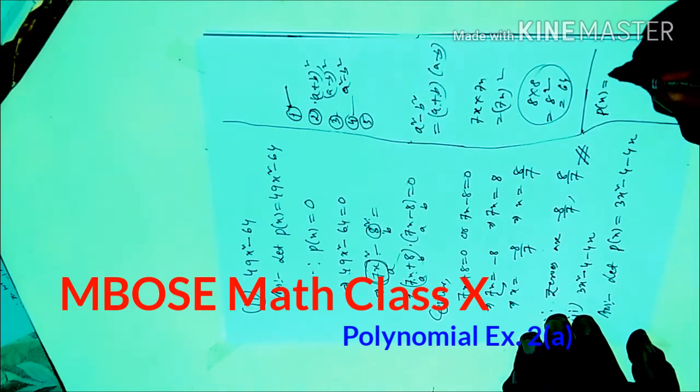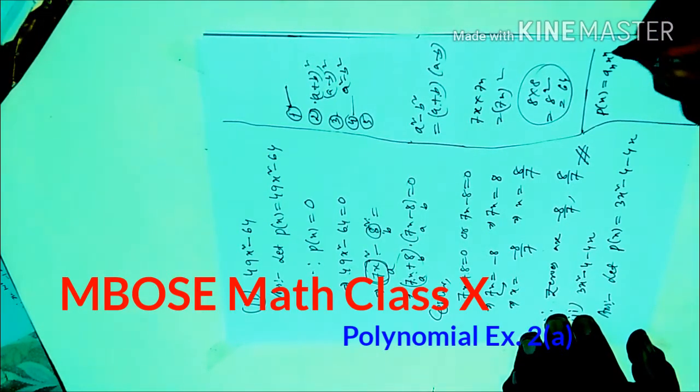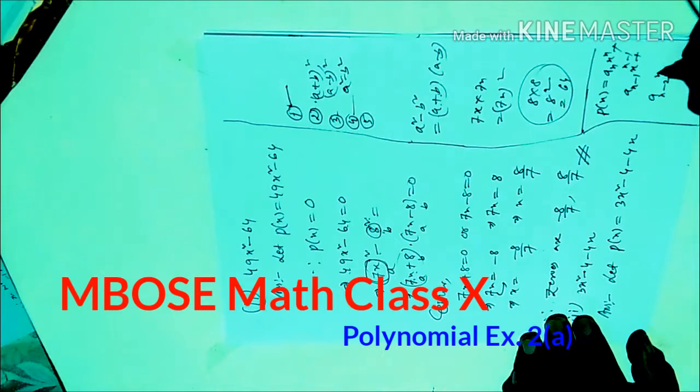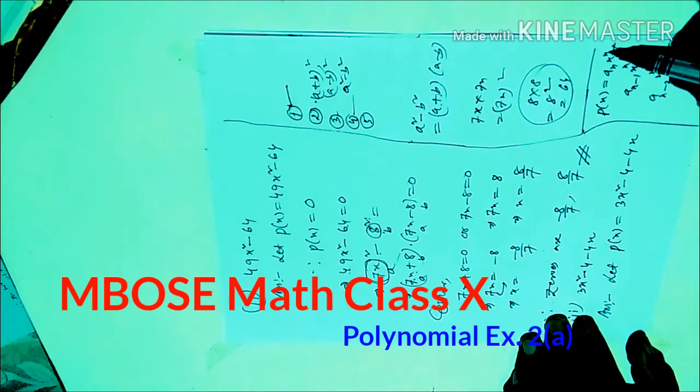In the last video I have already given a n x power n plus a n minus 1 x power n minus 1 plus next a n minus 2 x power n minus 2, and so on. You see here, power is n, then next is n minus 1, next n minus 2. Power is decreasing. So if power is decreasing, the given polynomial is in standard form.